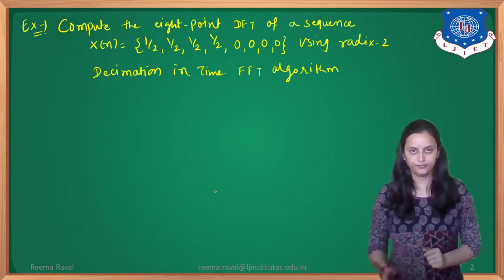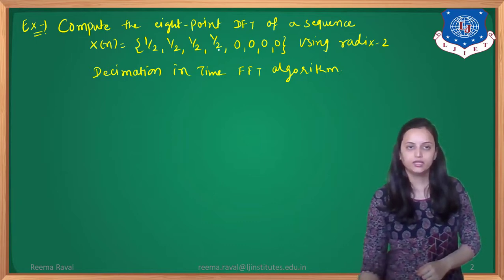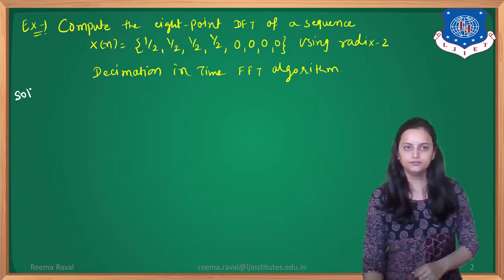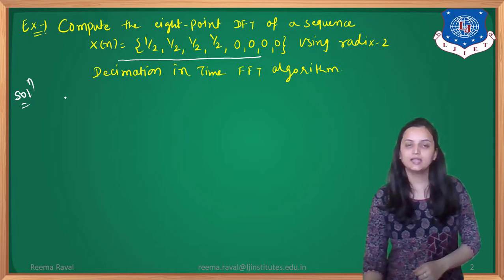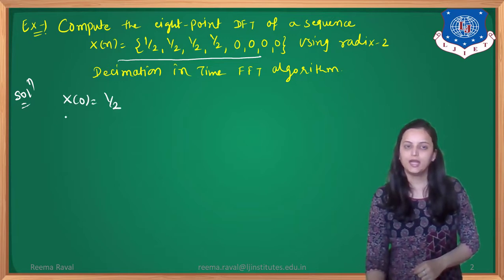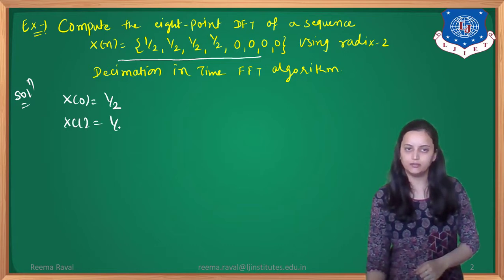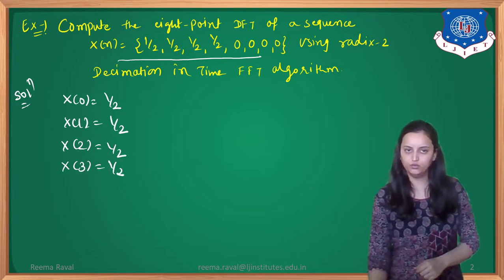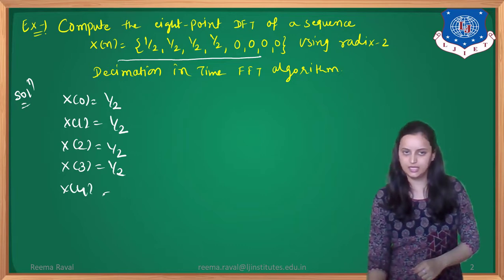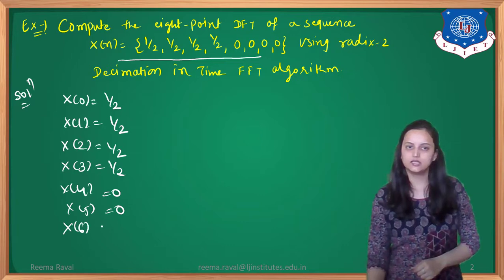Okay, so over here, if you want to write down the values based on the given x of n, we can say x of 0 equals 1 by 2, x of 1 equals 1 by 2, x of 2 equals 1 by 2, x of 3 equals 1 by 2, x of 4 is 0, x of 5 is 0, x of 6 is 0, and x of 7 is 0.